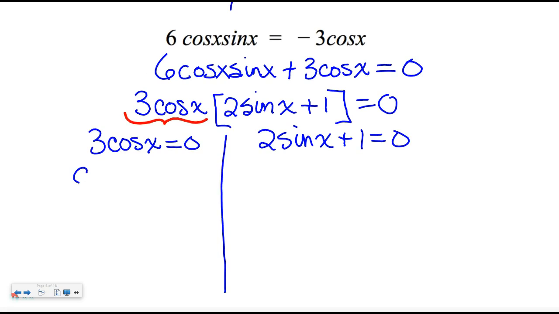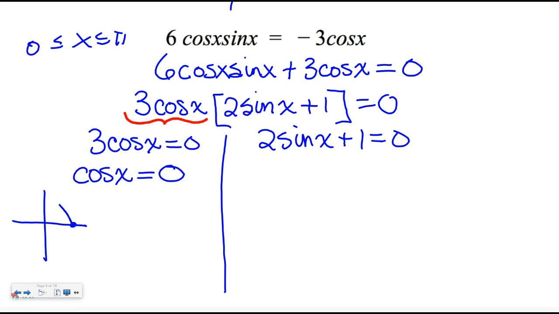So this would imply, dividing both sides by 3, I need to know where on the domain. I didn't give a domain here. Let's say on this one we're going, because you should always watch domains, 0 to pi. Cosine being 0: cosine's 1, then it's 0, then it's negative 1.